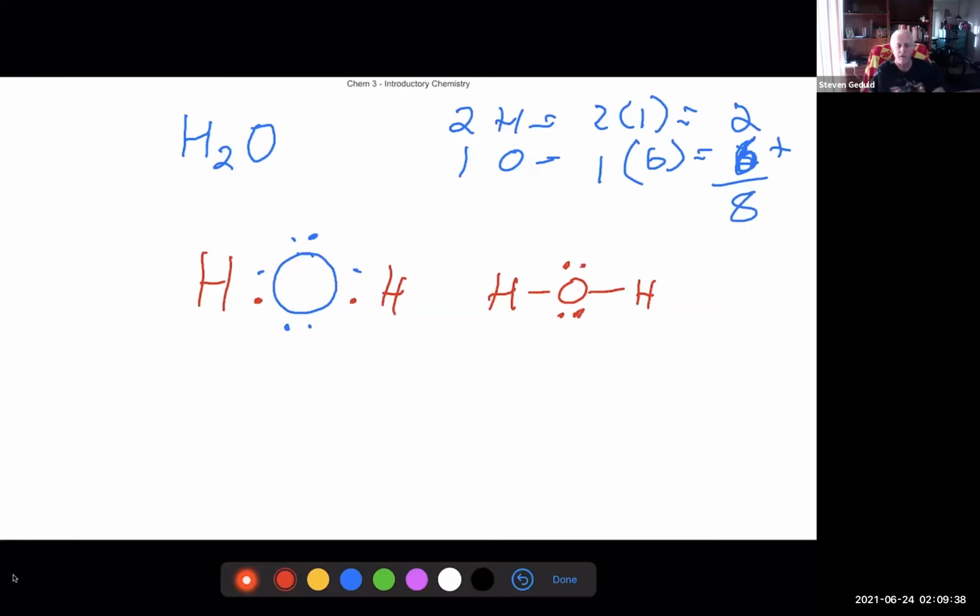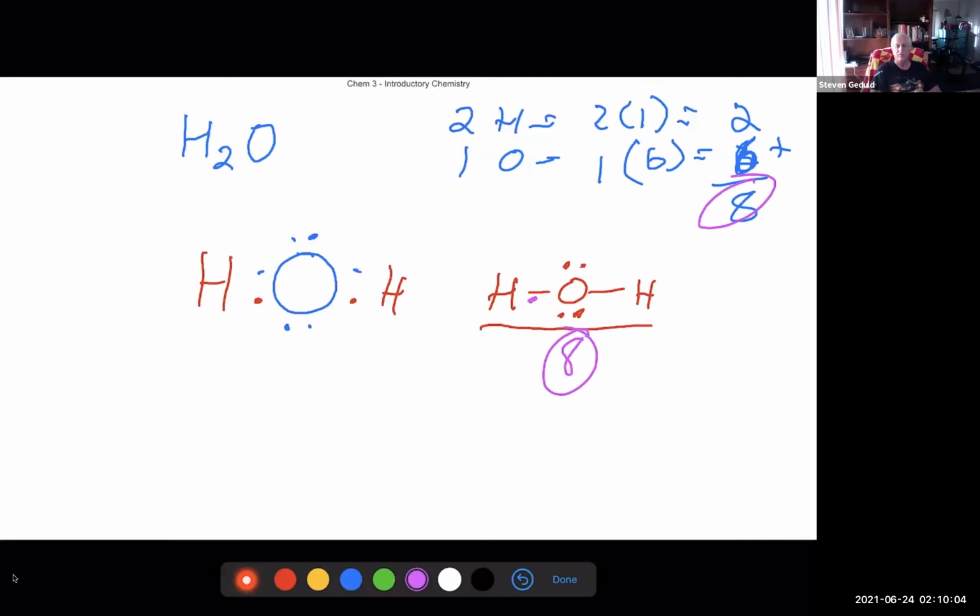When we have 2 electrons shared between atoms, we make a bond. Every single bond, every line, is 2 electrons. So in this structure, count our valence electrons. If we start right here, we've got 2, 3, 4, 5, 6, 7, 8. 8 valence electrons.